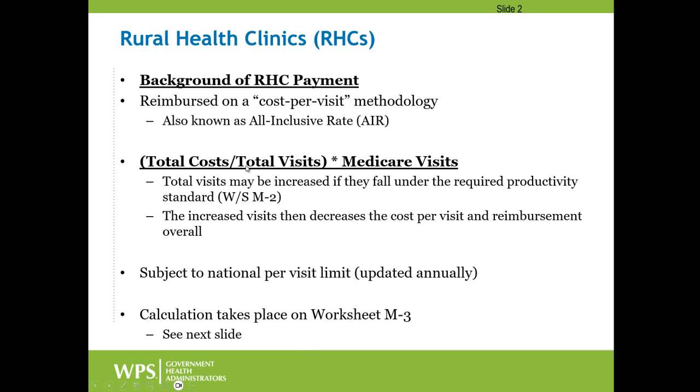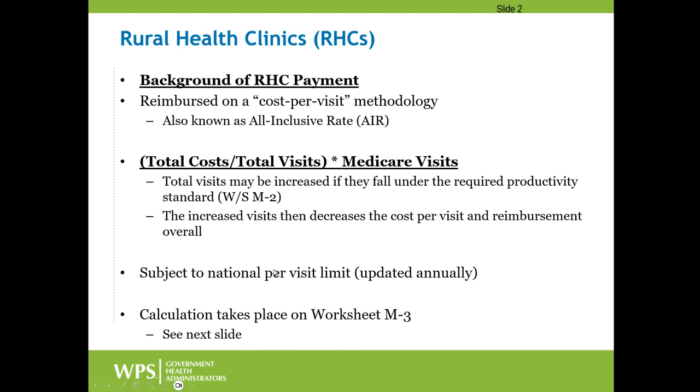So with this calculation, if you increase total visits, all other things equal, your rate is going to drop. You see the same total costs, but they're spread out over more visits because of this productivity standard. So that's a separate mechanism from the rate itself, although it influences the rate, obviously.